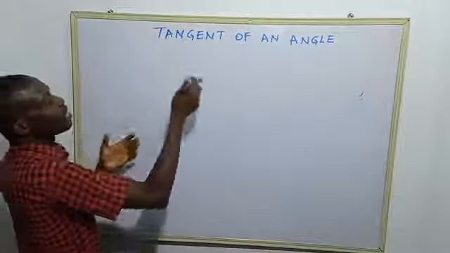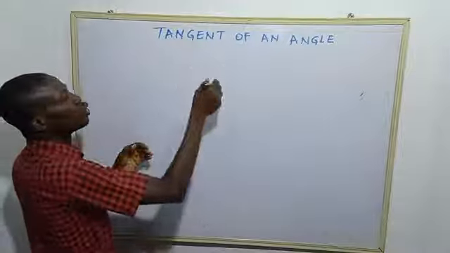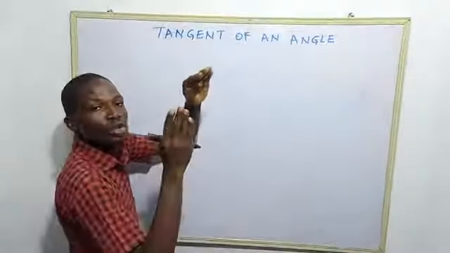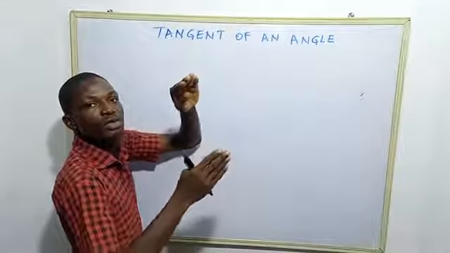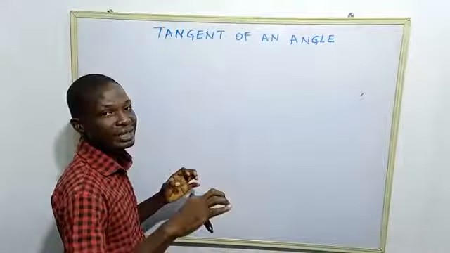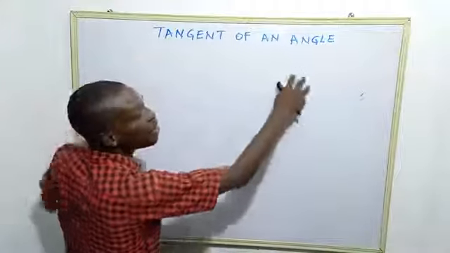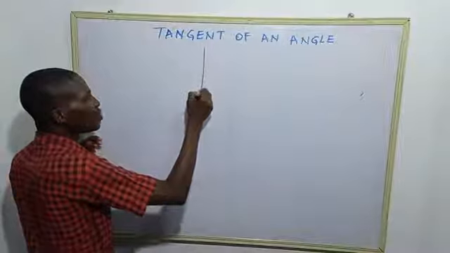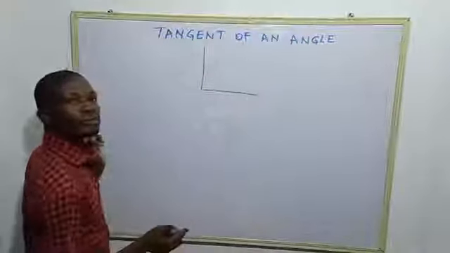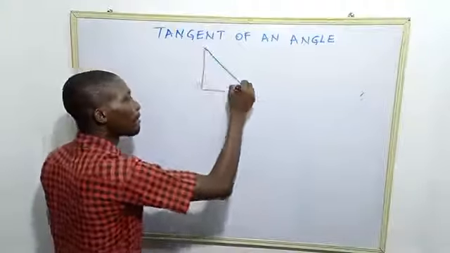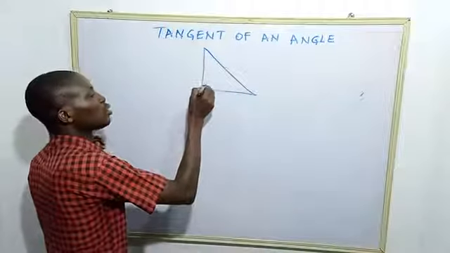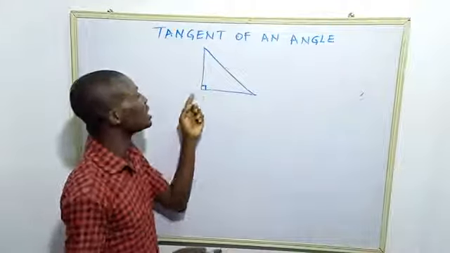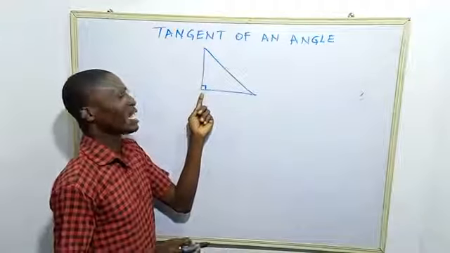Now, tangent of an angle is when you get the opposite in the right angle triangle and you divide it by the adjacent. That's what we mean by the tangent of an angle. So, for example, if you have a right angle triangle like this, this is what we mean by a right angle triangle, a triangle that contains this 90 degree.